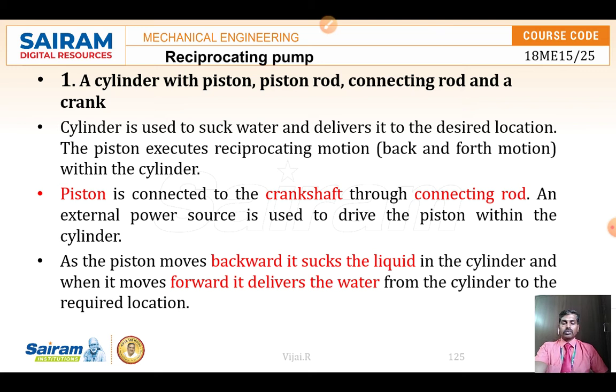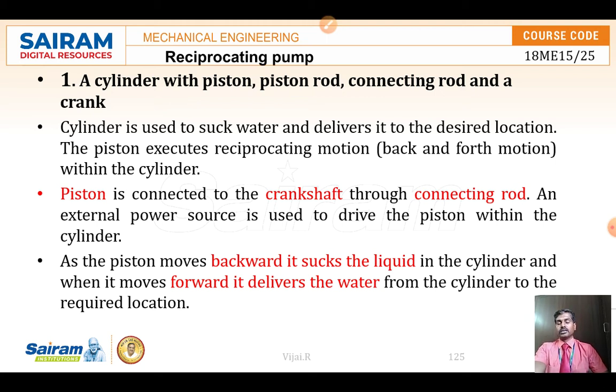When the piston moves backward towards the crank side, it creates a vacuum inside, and the suction valve opens up. The water enters into the cylinder, and when the piston moves to the dead end, the total suction has taken place.